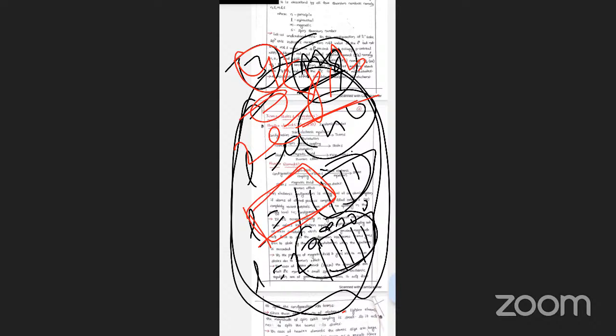That gives information about the spin quantum number. For example, here electrons are present like this, one is clockwise, one is anti-clockwise, one is plus orientation, one is minus orientation. This gives information about the spin quantum number.